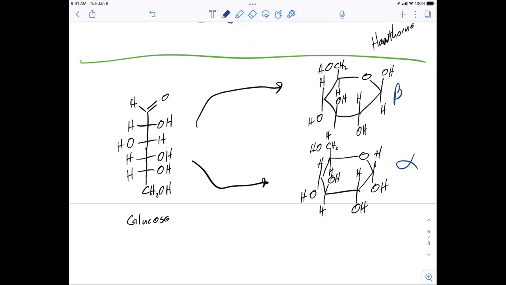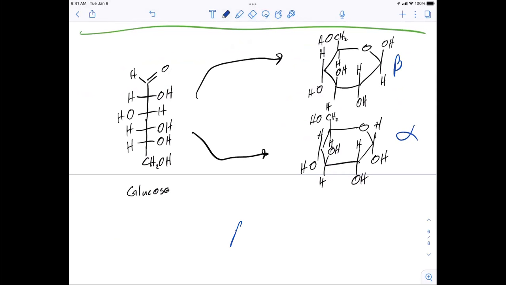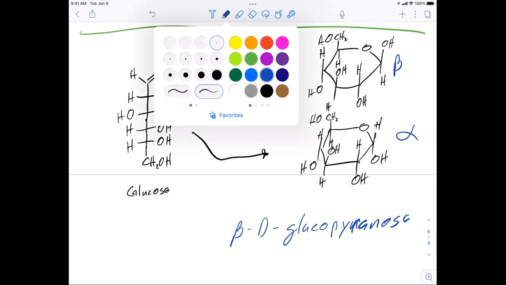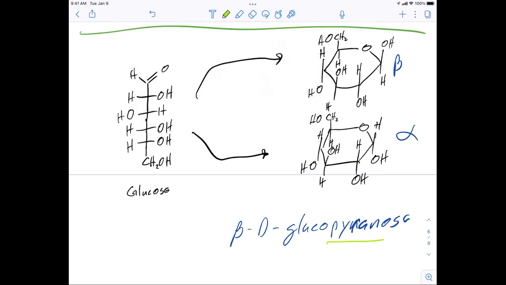The full name for the first one would be beta-D-glucopyranose. Now the pyranose part of this name is for the 6-membered ring.